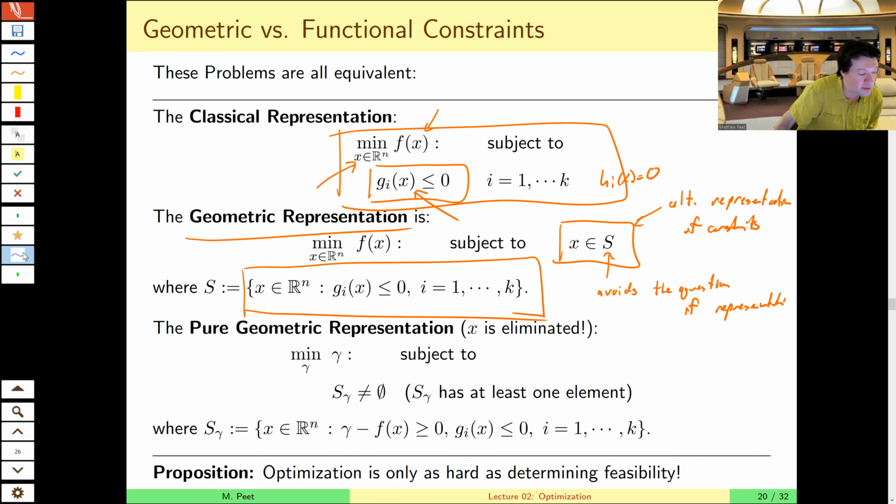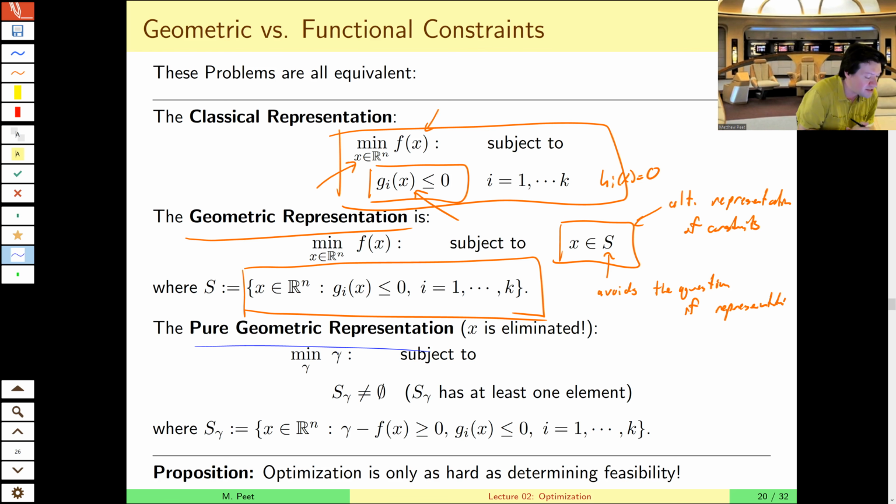Any two optimization problems are equivalent if the set is the same. Likewise, the objective as well. We talked a little bit about there being equivalent objective functions. We can again parameterize those equivalences by moving the objective function to the constraint set. Before this was t, now it's gamma.